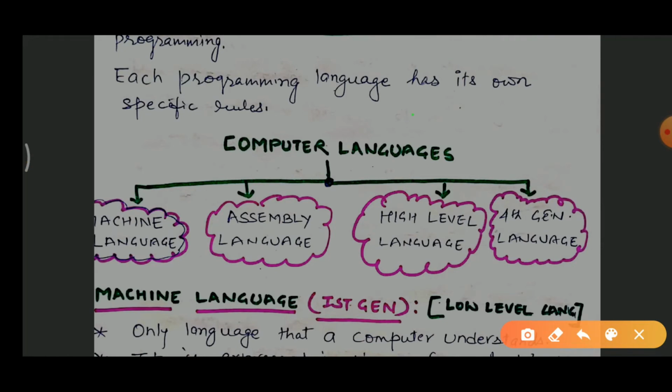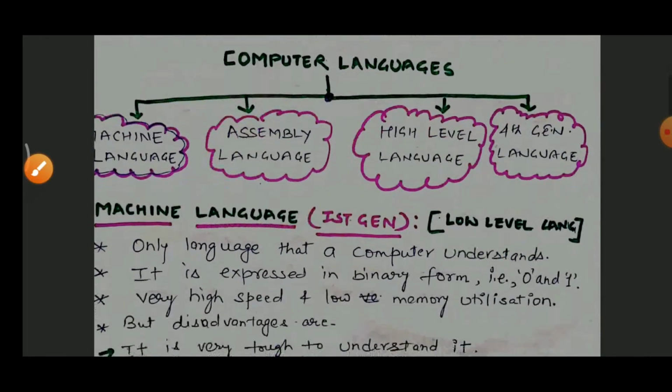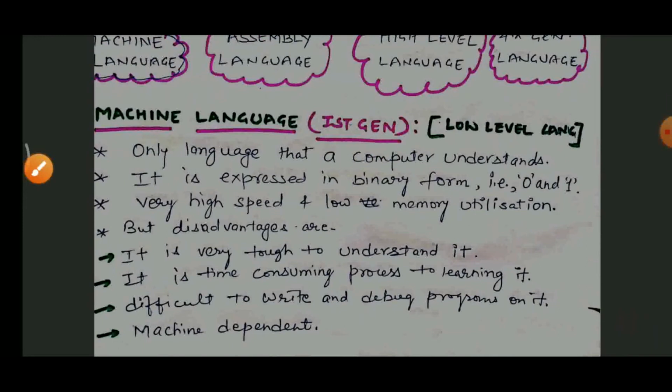The first one is low level language and the second one is high level language. The two types of low level languages are machine language and assembly language, and the other one is high level language. Understood? Now I will discuss each and every language one by one.